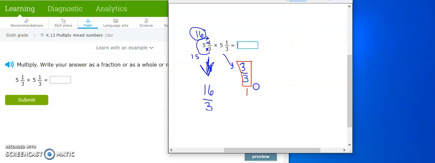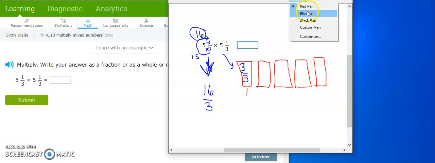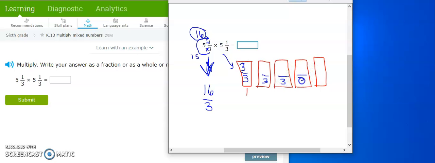So if I need 5 of those, then I am just having 3 times 5, because it's going to be 3 over 3, 5 times, if I have 5 whole pieces. Another way you can think about that is just adding those numbers together. These are all thirds, and if I want to make them wholes, then I need to make them 3 thirds.